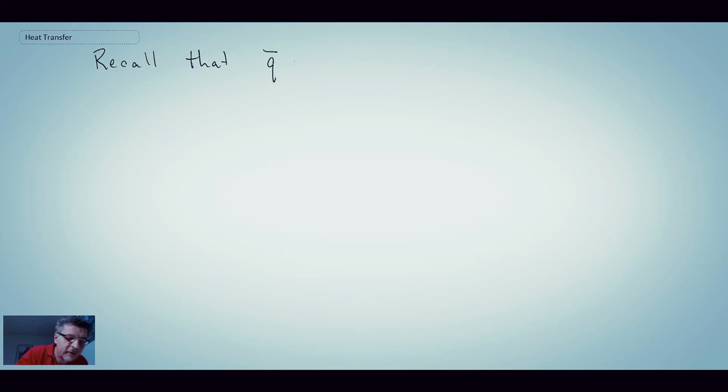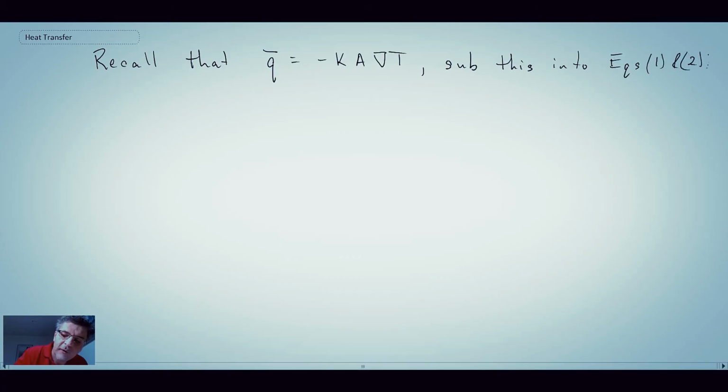In the earlier segment, we said that we could write the heat flux vector in terms of the gradient of the temperature. So we're going to substitute that into equations 1 and 2. So let's work through that.